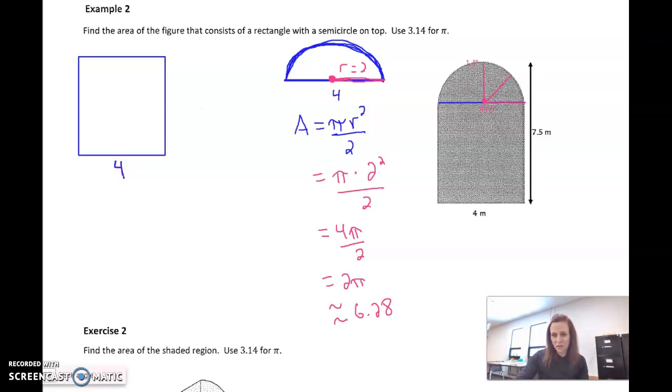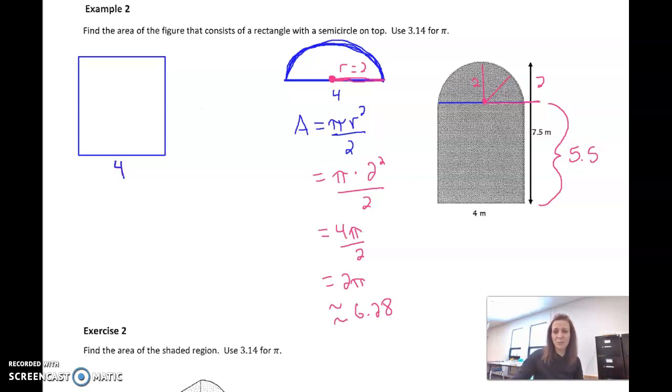Now, if our radius, our distance from here to here, is 2, that means I can cut off that 2 feet. And my distance from here then to here is 7.5, the whole thing minus 2. And that makes it 5.5. Okay, that one's tricky, I get it. But it's understanding your definition of radius.